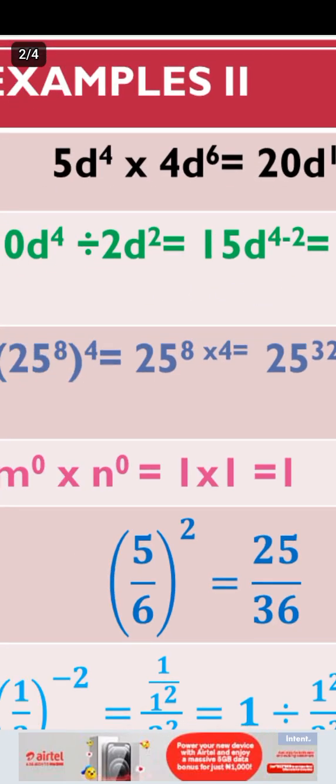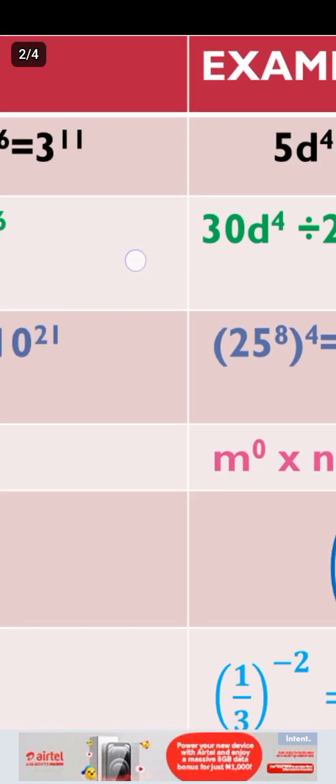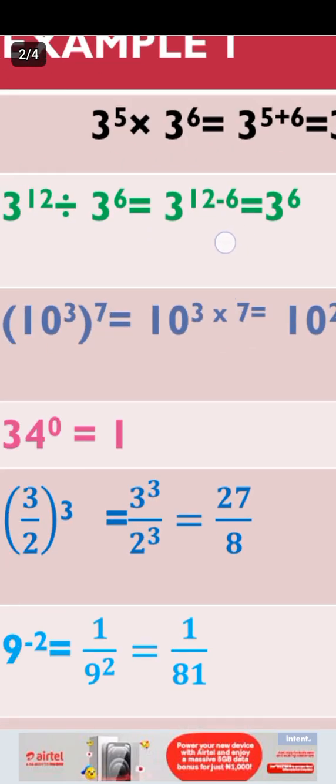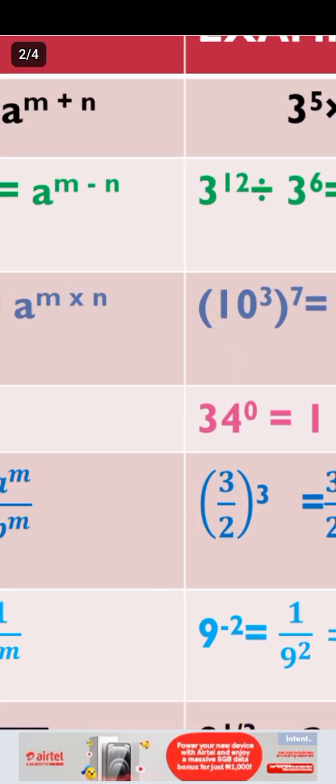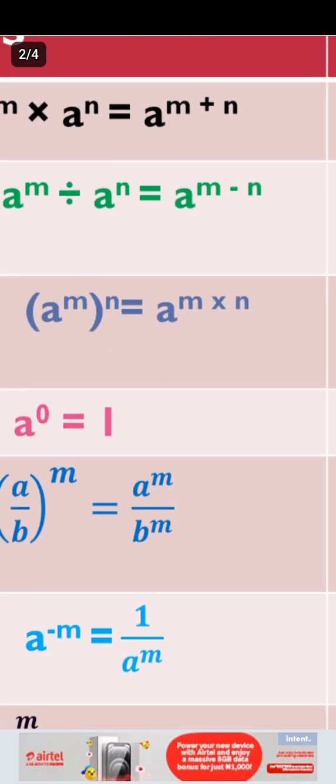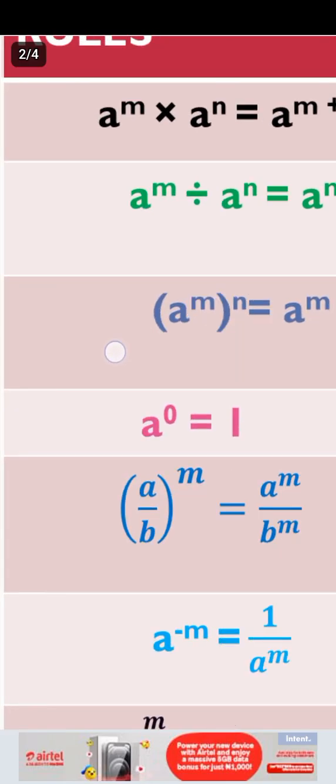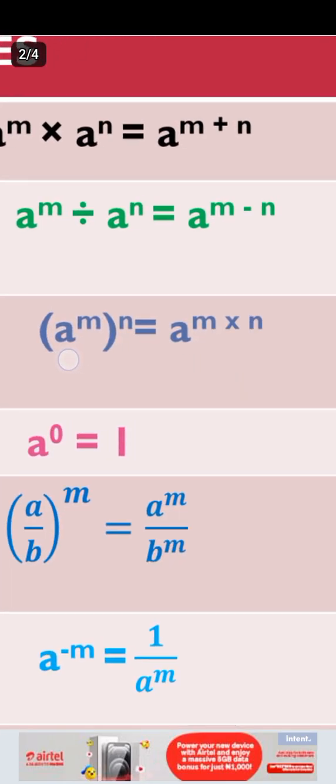Now, let's take them one by one. The next one is the power of a power. When a raised to the power m, in brackets, is raised to the power n, it is the same thing as a raised to the power m times n.